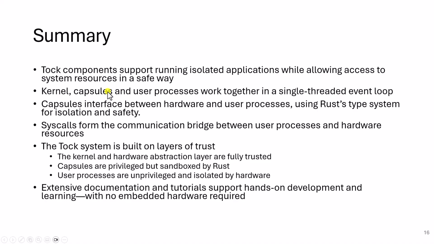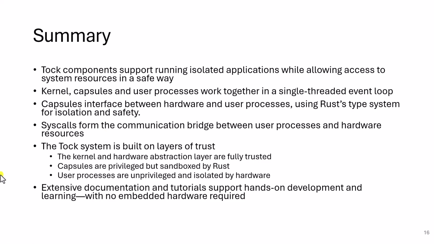Specifically, the capsules interface between the hardware and user processes, and they really rely on the Rust type system for isolation and safety during compile time. And the way those user processes communicate with the capsules and kernel is through the syscalls, which form the communication bridge between the user processes and the hardware resources.